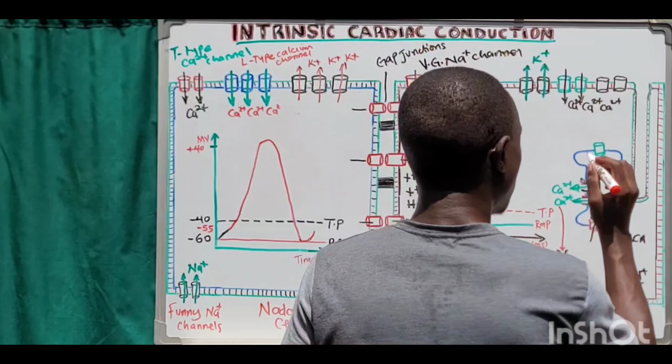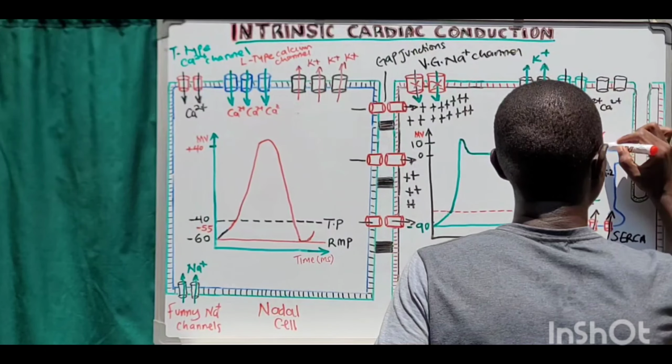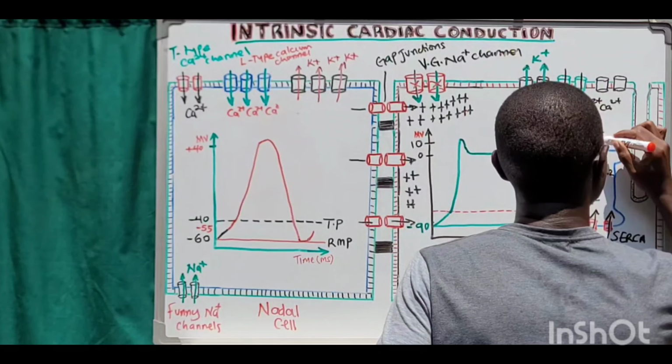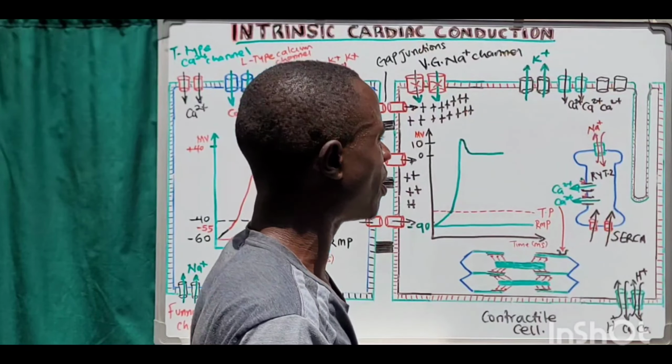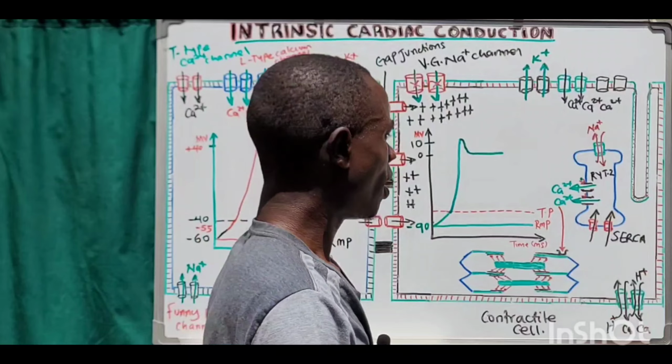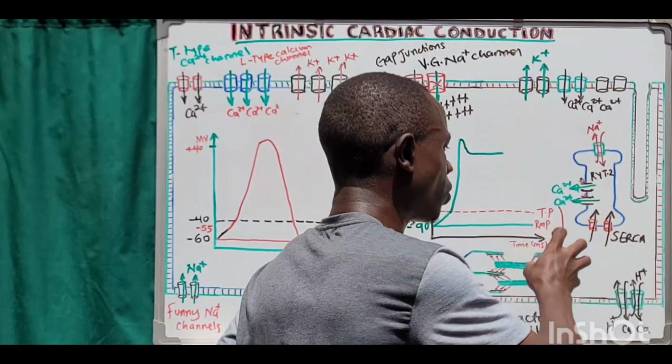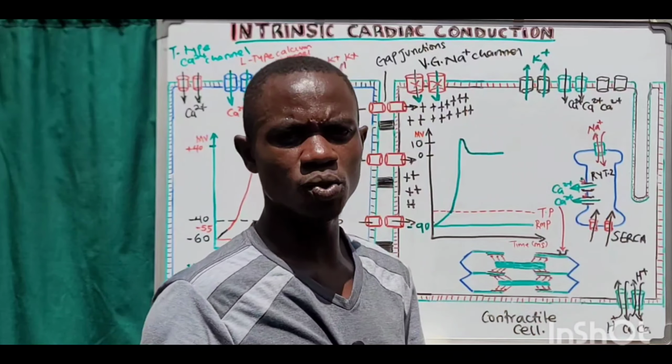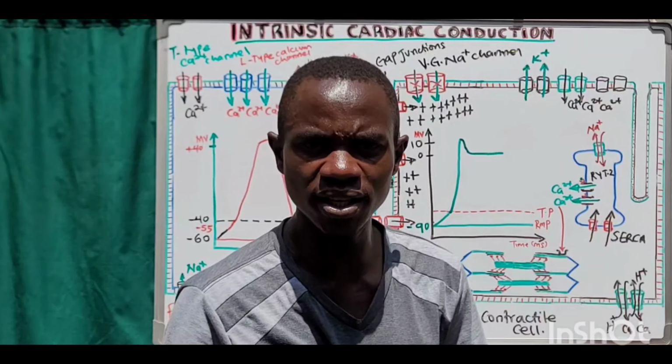How does it happen? Some of the calcium is going to enter in exchange for sodium. As calcium enters, sodium leaves. So it becomes the sodium-calcium exchanger. This is how we wash away the calcium inside the cytoplasm, because we don't want the cell to stay in a contracted state.